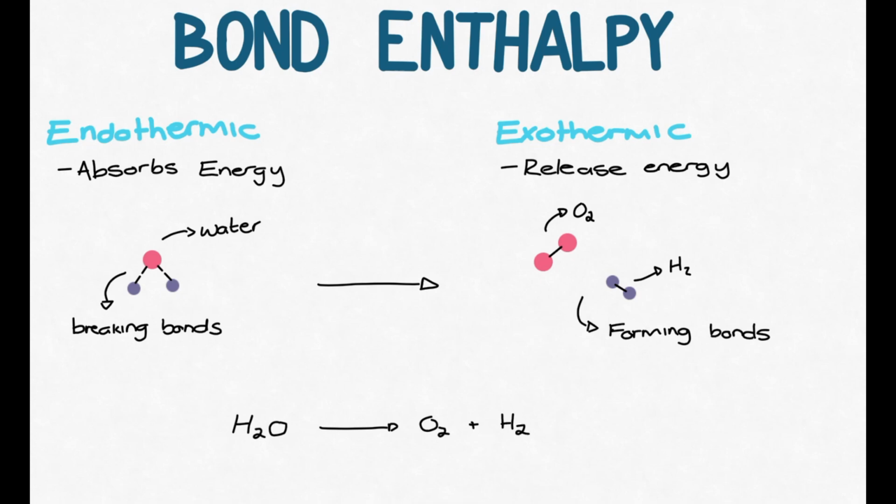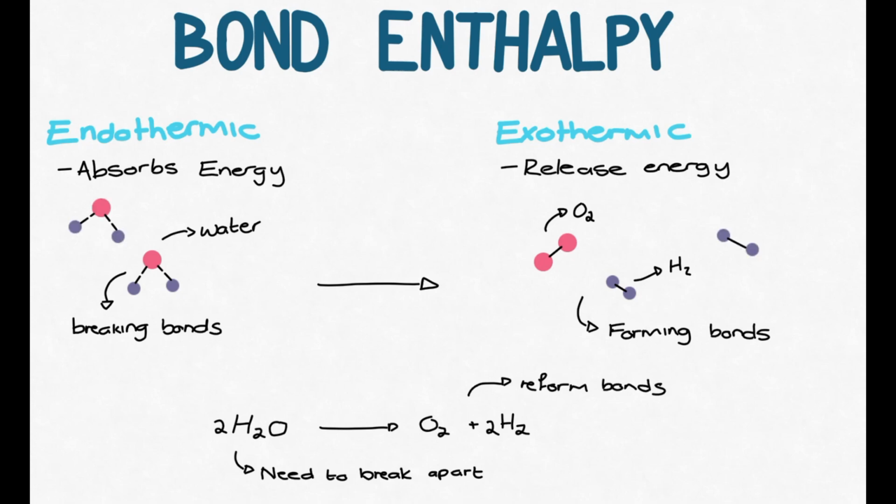We then need to balance this reaction. So we'll need 2 water molecules to give us 1 oxygen molecule and 2 hydrogen molecules. Now the water needs to break its bonds, meaning endothermic reaction, to form oxygen and hydrogen, which then need to form bonds.